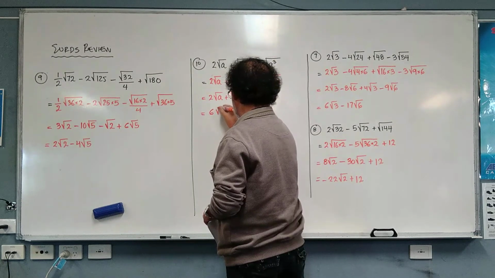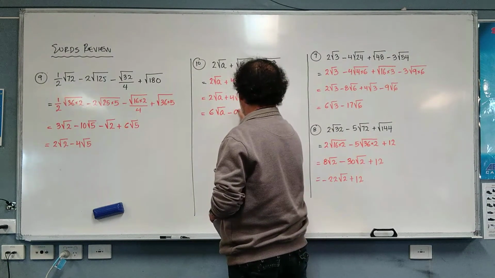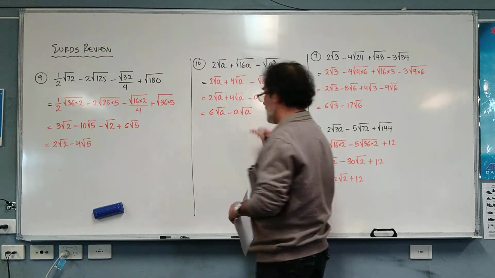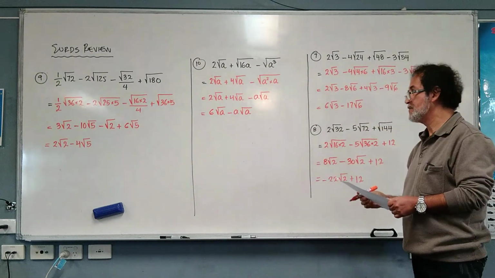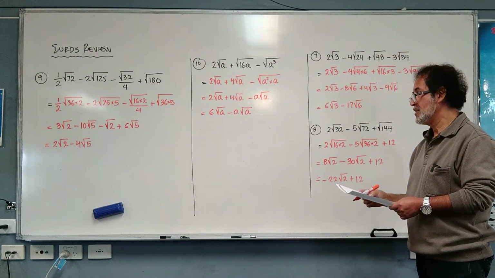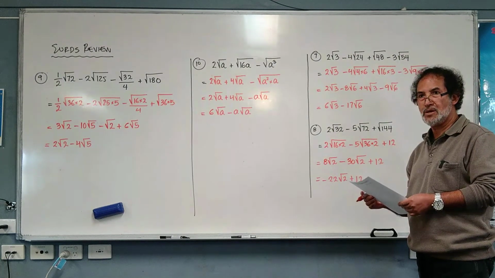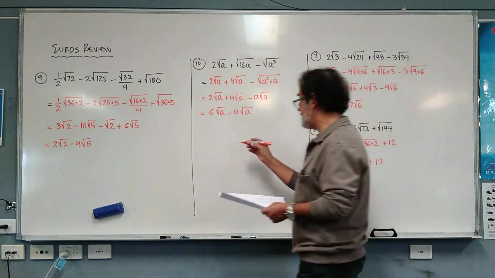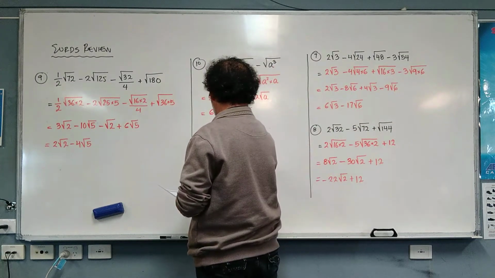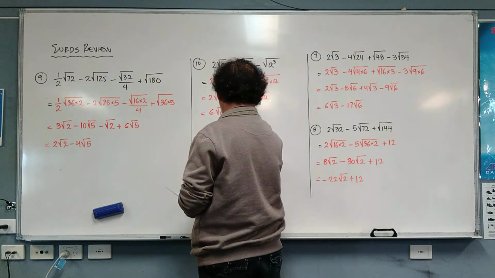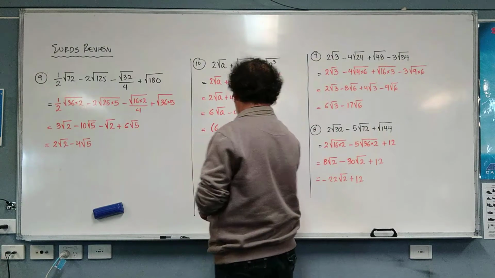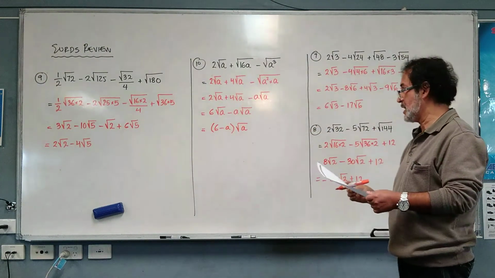So this is going to be 6 square root of a minus a square root of a, like that. And then what is the common factor between these two terms? Square root of a, so we can take that out. Or we can say bracket 6 minus a, and then the square root of a is the common factor.